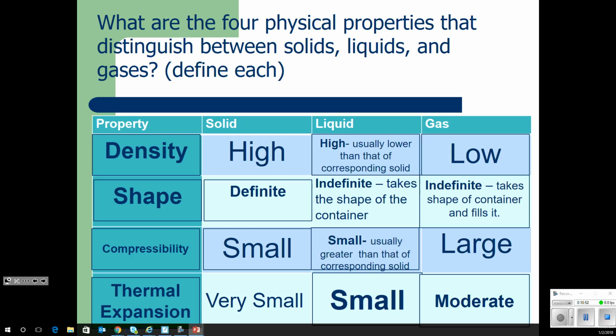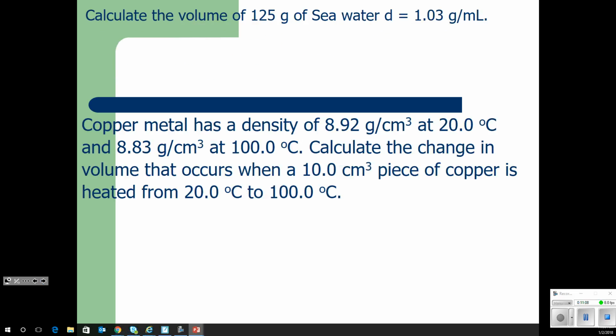And the only thing that is different here is with water. Water will, with thermal expansion, even go farther. And when I take heat out of it, when it goes from a liquid to a solid, it actually expands, which is opposite most things. Okay, so we're going to work with the density equation. How many remember what the density equation is?